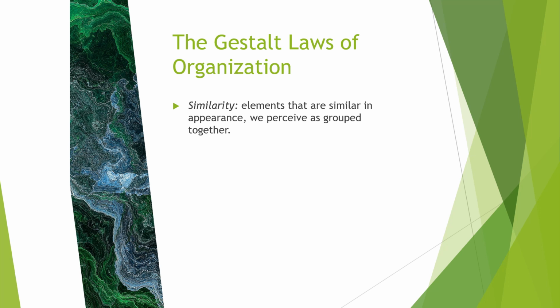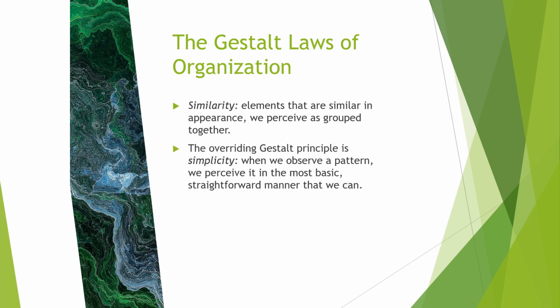Now, a fourth Gestalt principle is simplicity. This is when we observe a pattern, we perceive it in the most basic, straightforward manner that we can. We don't think about it too much.